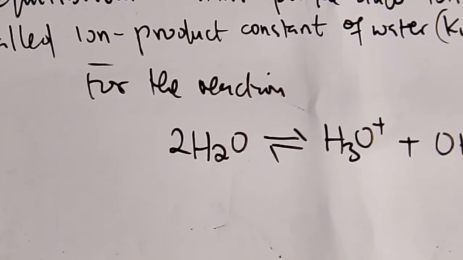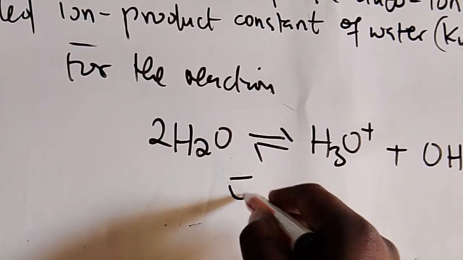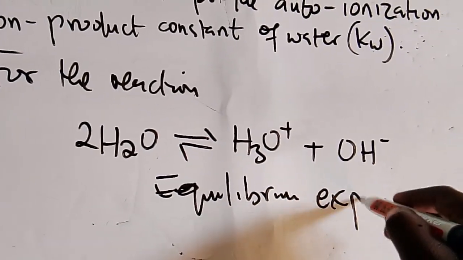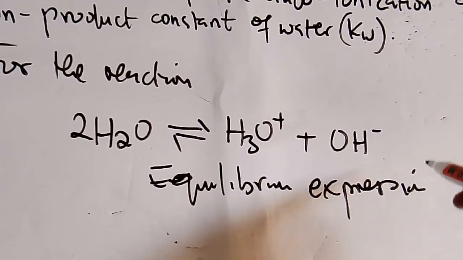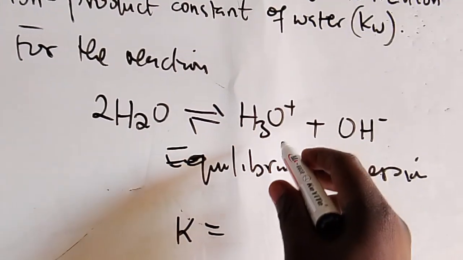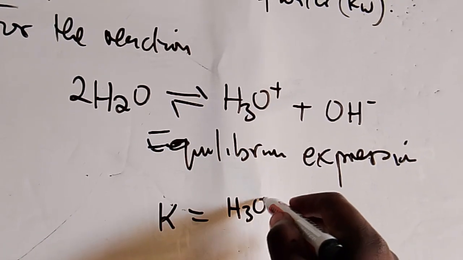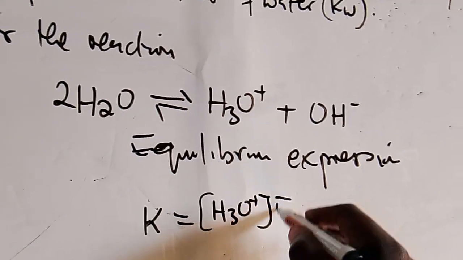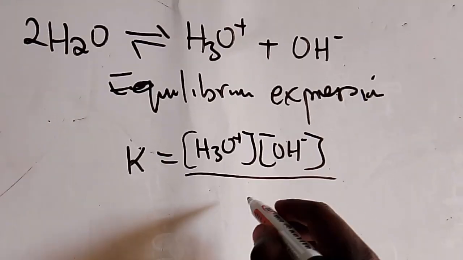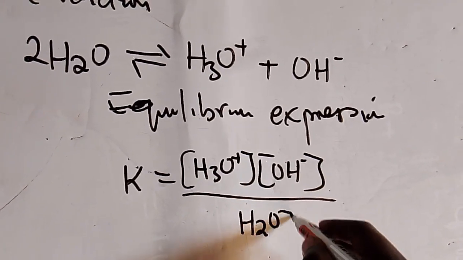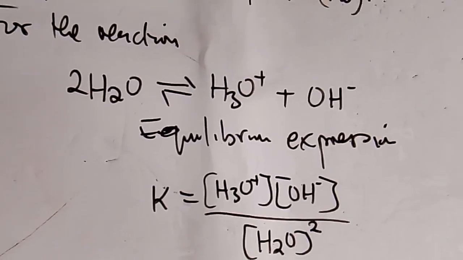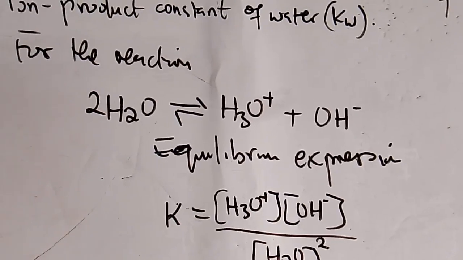Then the equilibrium expression is given by K is equal to the concentration of hydronium ion times the concentration of hydroxide ion over the concentration of water squared. So this is the equilibrium expression.